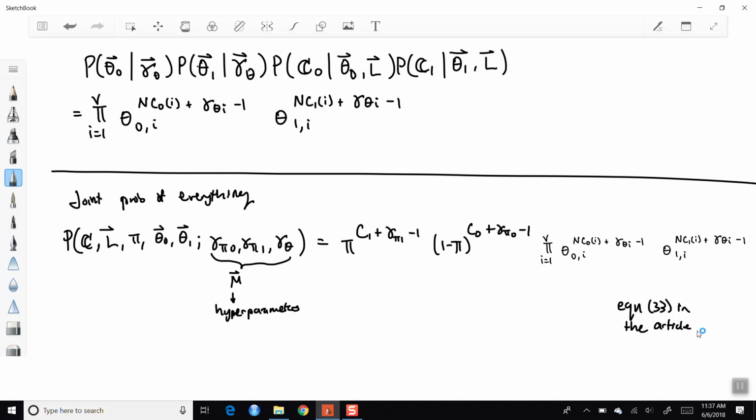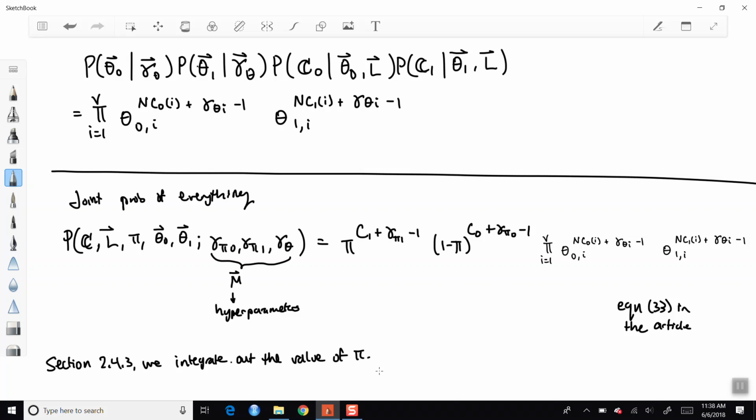Okay, in section 2.4.3, we are going to integrate out the value pi, okay? And this is to help make our calculations easier.